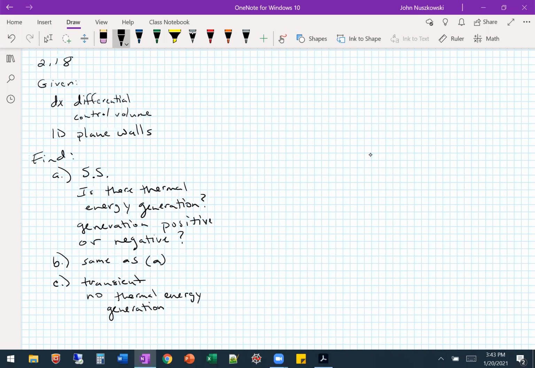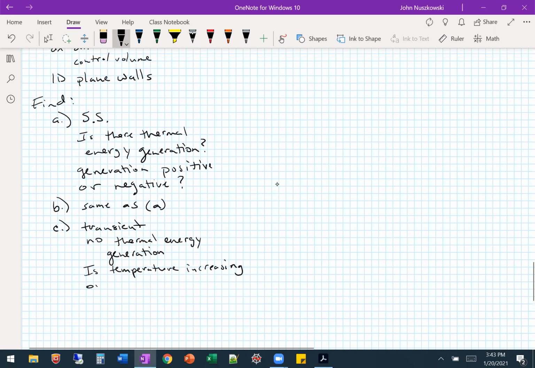And it wants to know, is the temperature of the material in the differential control volume increasing or decreasing with time? So is temperature increasing or decreasing with time? And then D is the same as C.